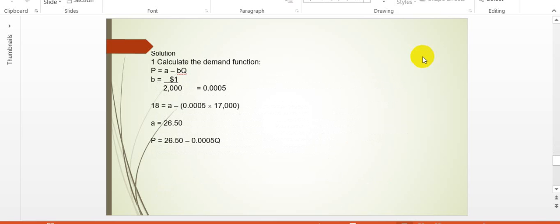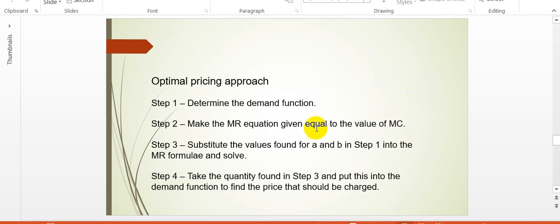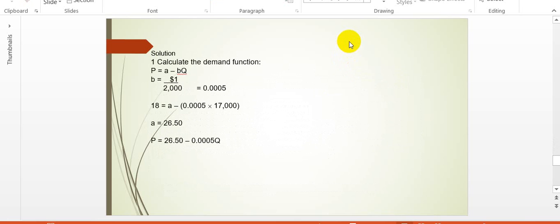Step 1 is to determine the demand function. The demand function is given as P equals A minus BQ. So we find B. B is found by change in price divided by change in quantity.